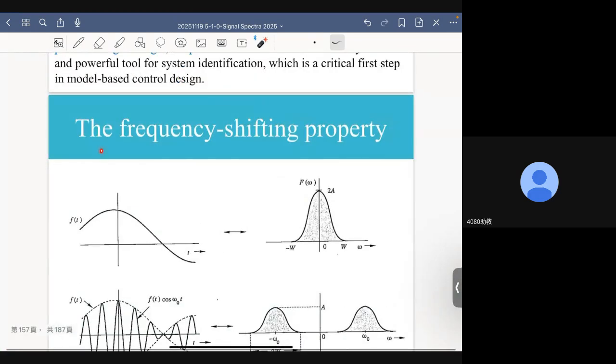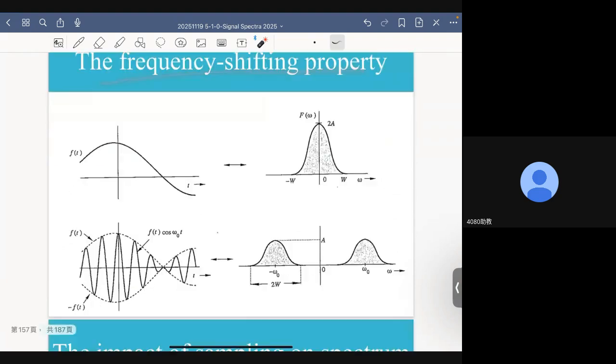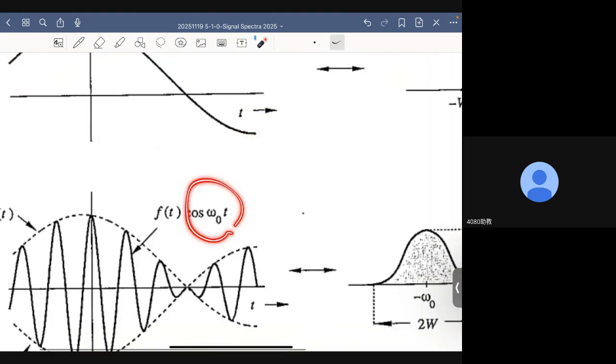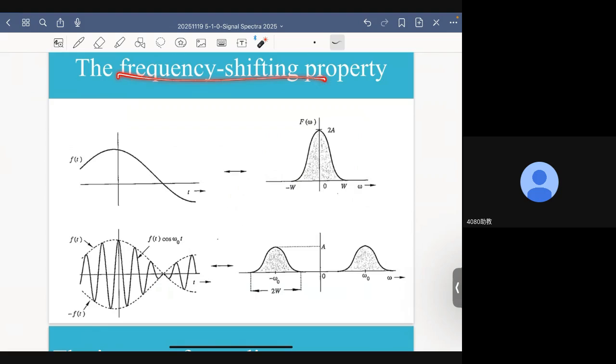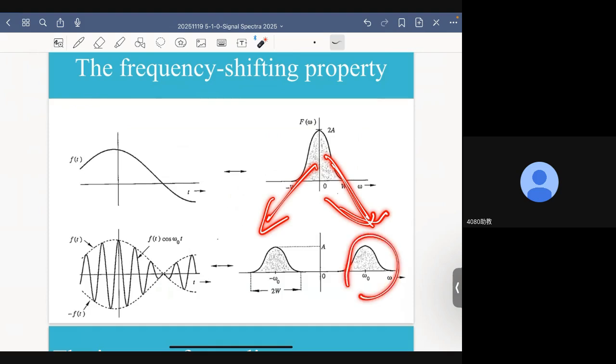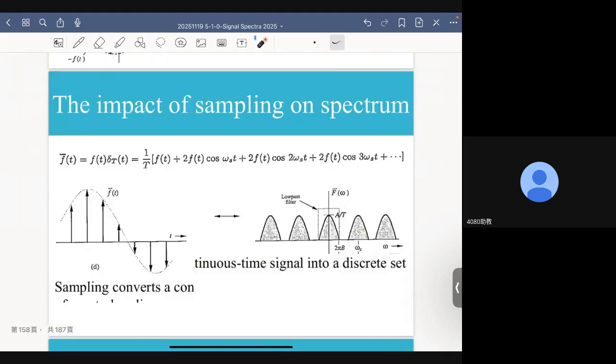Now, remember the frequency shifting property. Let's say this is f(t) and this is its spectrum. Whenever you multiply this signal with a carrier signal, which is cosine omega 0 t in this case, the spectrum, according to frequency shifting, is divided into two parts. One of these two parts goes to the right, the other goes to the left, by the amount of omega 0, all right?